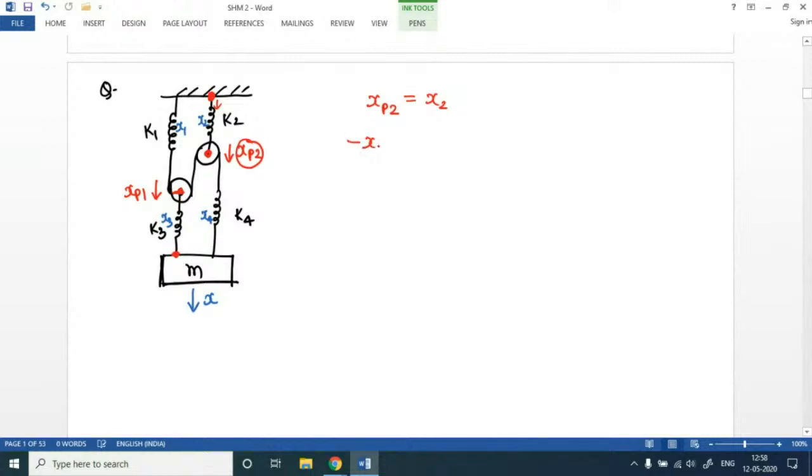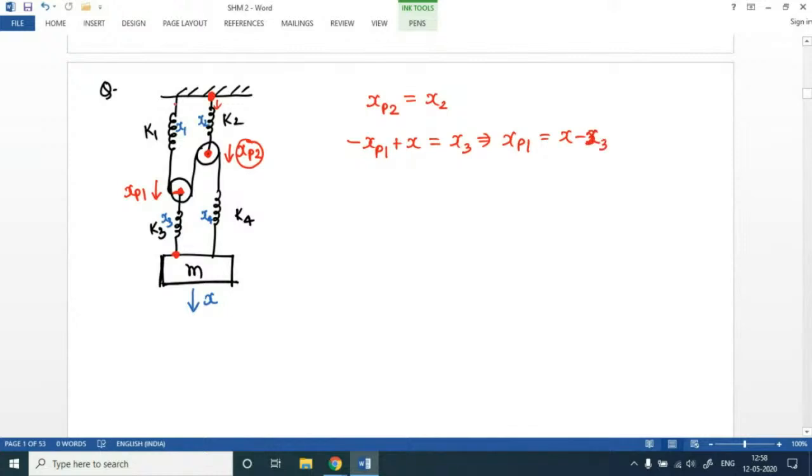So you should write minus xp1, and the other end here is moving by x over here. So plus x, it will elongate, and total elongation is equal to x3. So from here, what you can write is xp1 is equal to nothing but x minus x3. Okay, so that is our other relationship.